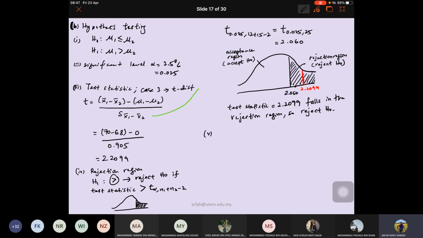So step kelima, conclusion will be based on H1. Sebab kita reject H null.